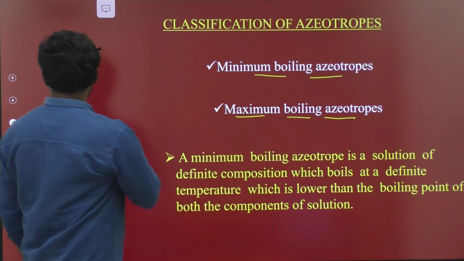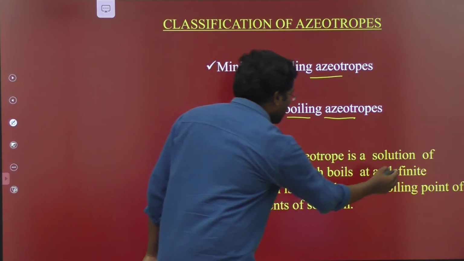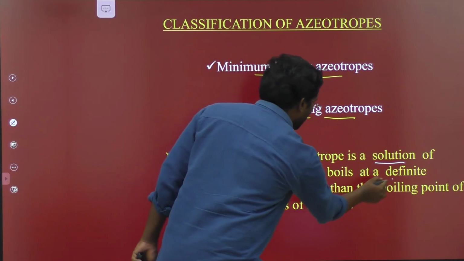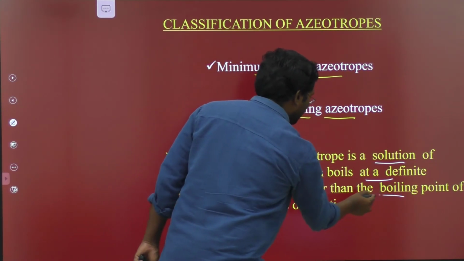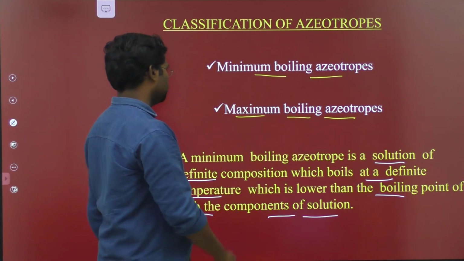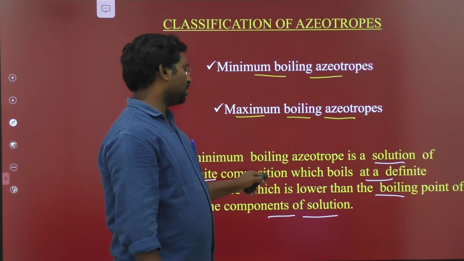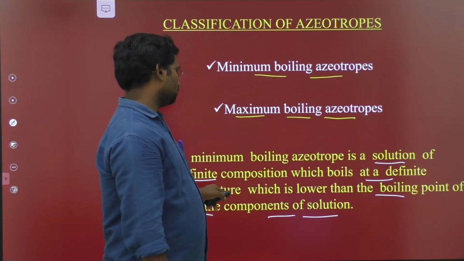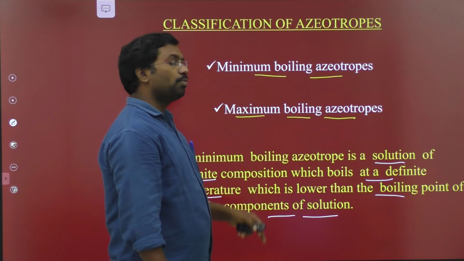A minimum boiling azeotrope is a solution of definite composition which boils at a definite temperature which is lower than the boiling point of both the components of the solution.